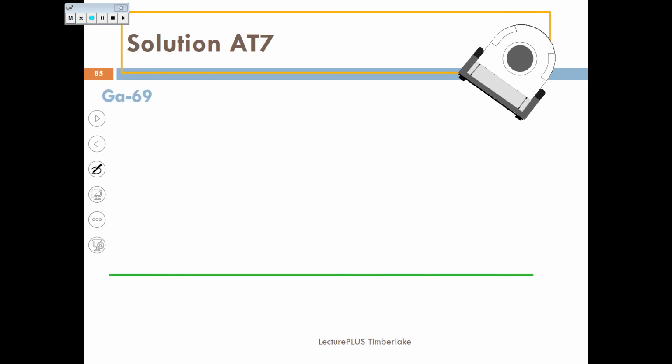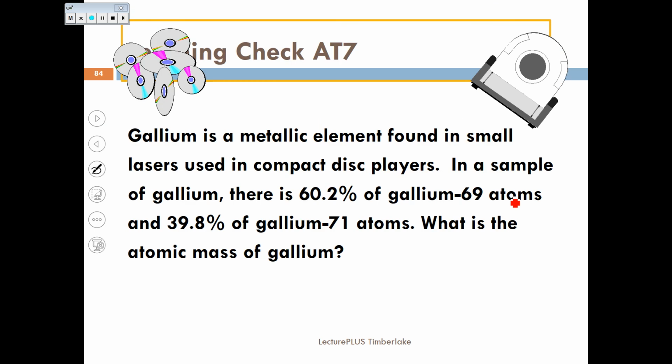Let's take a look at this one. It says gallium is a metallic element found in small lasers used in compact disc players. In a sample of gallium, there's 60.2% of gallium-69 and 39.8% of gallium-71. What is the atomic mass of gallium? So here, you are given the isotope and its abundance, and the same element with a different isotopic mass and its abundance.